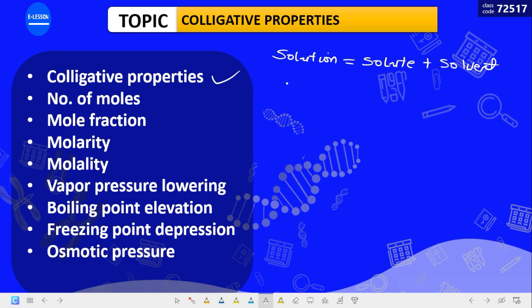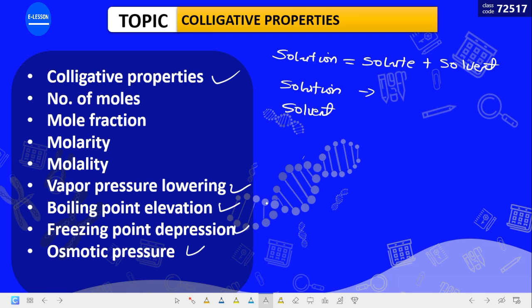Now, however, there are certain properties of the solution that is formed that are different from the properties of the pure solvent. These properties are known as the vapor pressure, the boiling point, the freezing point, and the osmotic pressure, which are all the properties listed here.